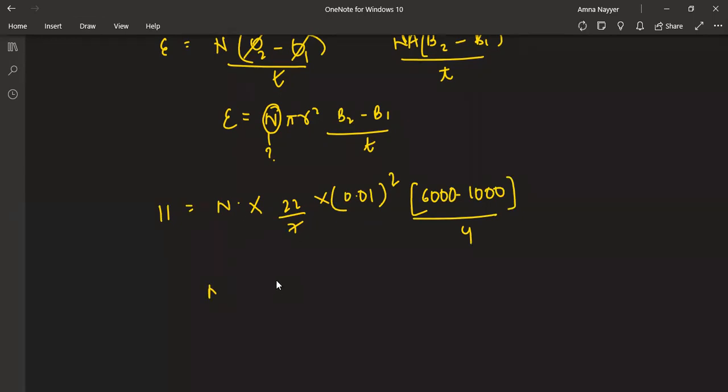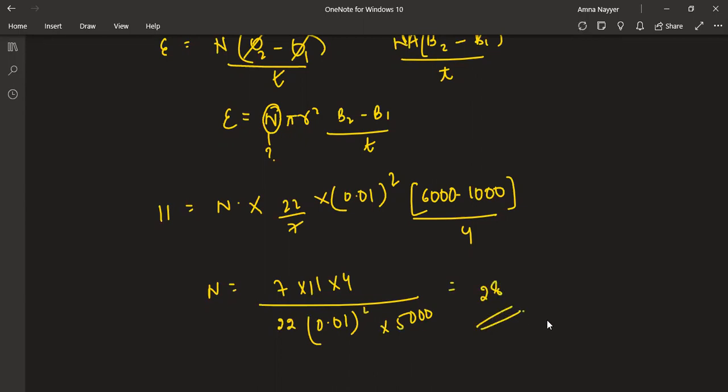So the number of turns will become 7 into 11 into 4 divided by 22 into 0.01 whole square into 5,000. So your answer will come out to be 28 exactly.